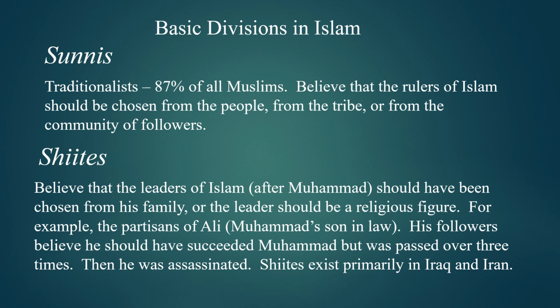The Sunnis really make up the vast majority of Muslims. 87% of all Muslims are Sunnis. Simply, you could say they're traditionalist. And what sets them apart from the Shiites is that they believe that the rulers of Islam should be chosen from the people or from the tribe or from the community of followers.